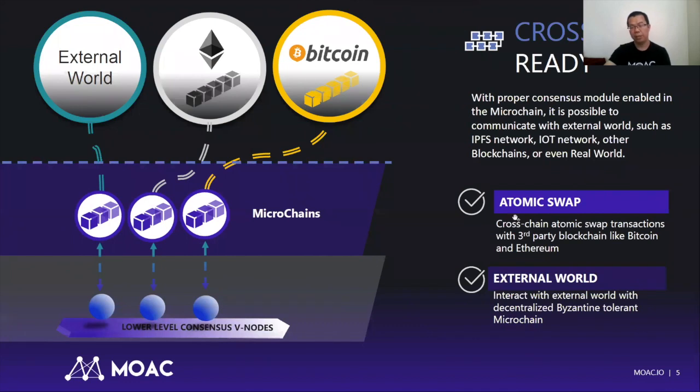If you push this concept a little further, the similar concept can be utilized to connect other or external networks with MOAC. We have already implemented a bridge between the IPFS network and MOAC, called Firestorm.